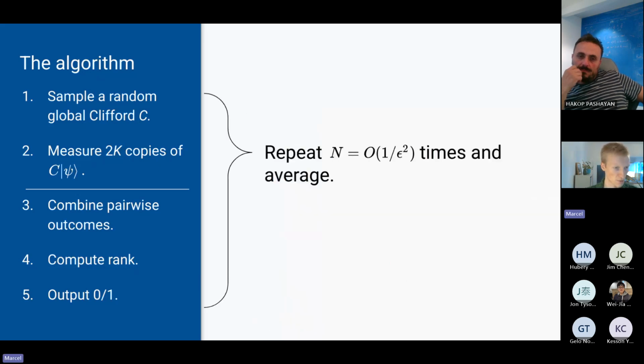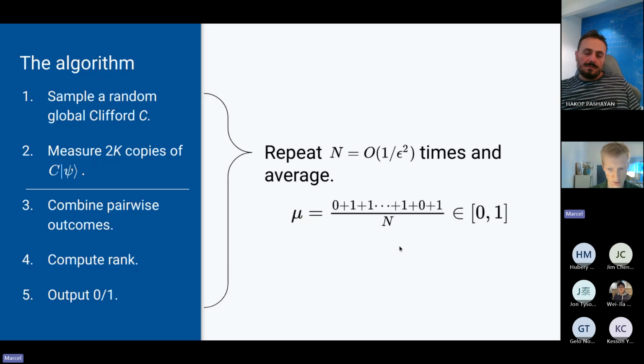Now you just repeat this round a bunch of times, where between the rounds the Clifford will change. You resample a new Clifford and gain some new information. You just need to do this a constant number of times if the epsilon precision you want is constant, and average the outcomes. So you will average some zeros and ones, and this will give you some number that lies somewhere between 0 and 1.